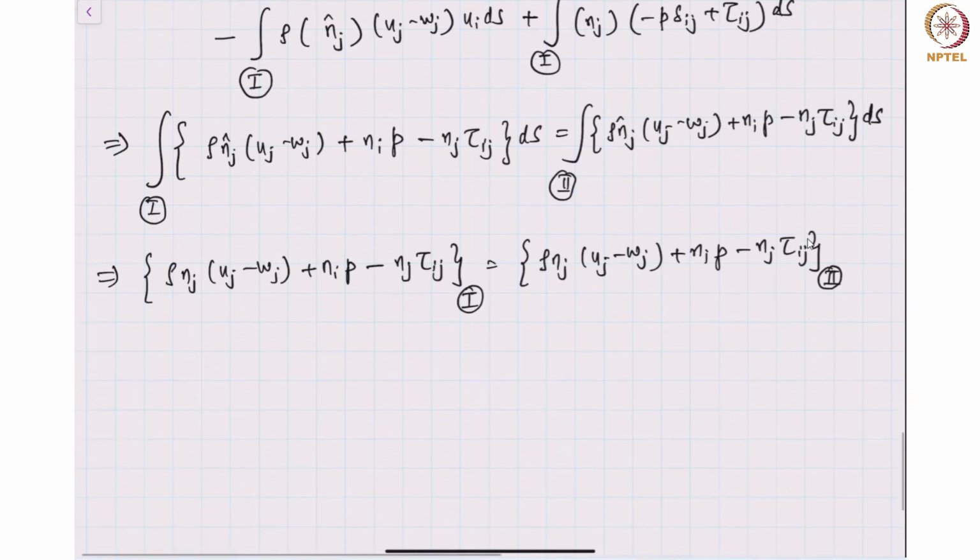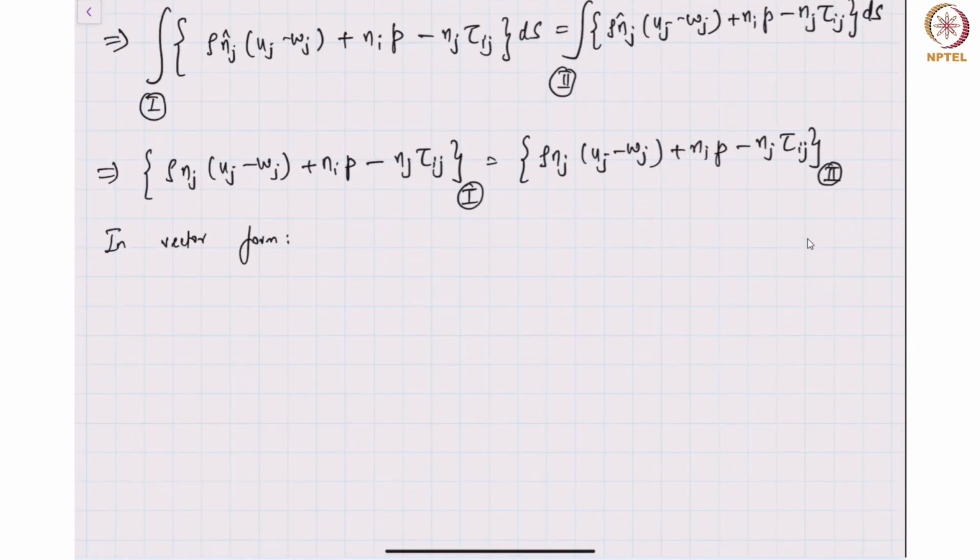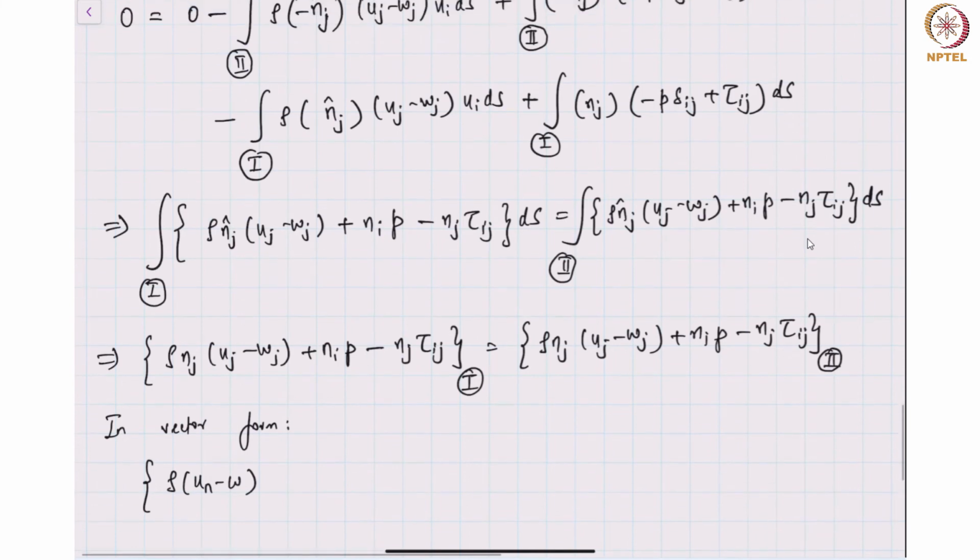Okay, I can also write this in vector form. I have forgotten a u_i here. Please add this u_i.